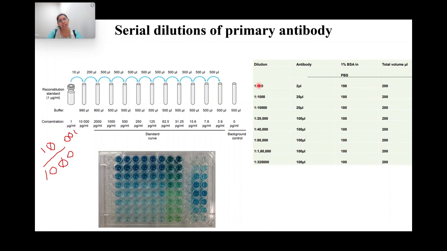Let's try to understand it. Now, let's say this was your absorbance values and this was your concentration. And how do you see it? So you have an absorbance here, you know the concentration, absorbance here, you know the concentration. So you take the concentration on the x-axis and you take the absorbance on the y-axis. And of course, as your chromogenic substrate intensity goes down, your absorbance will also go down.